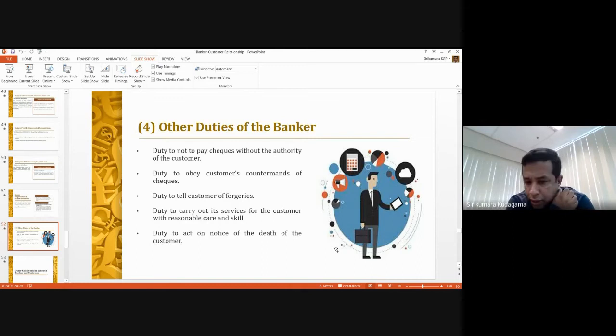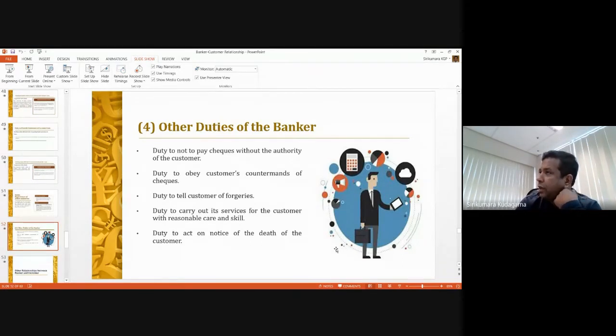Duty to carry out service of a customer with reasonable care and skill. Yes, there should be reasonable care and skill on the part of the banker, because customers are parting with their money thinking that bankers would do a good job. Bankers will look after their money. For that reason, bankers are supposed to exercise reasonable care and skill.